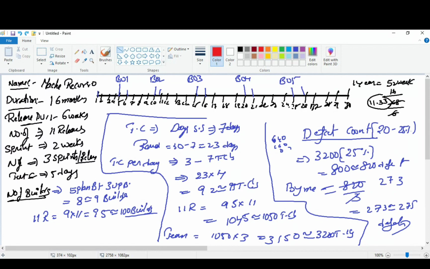No, Praveen, he will not ask. If it is done, do it once again with different calculations, or else I'll give you the range also.